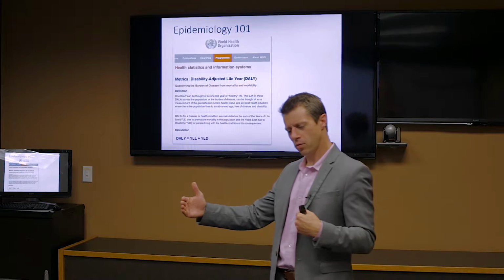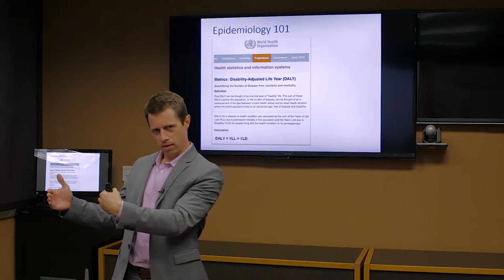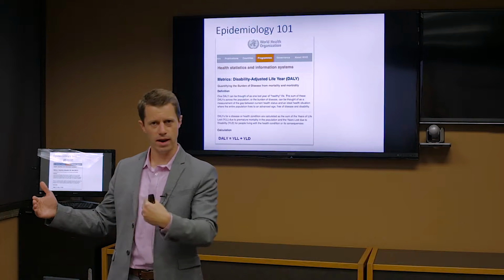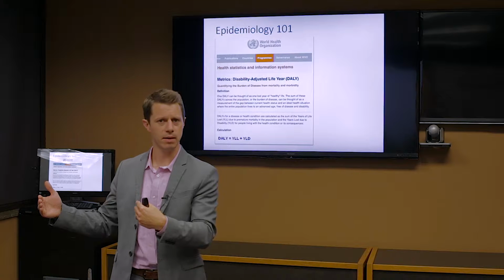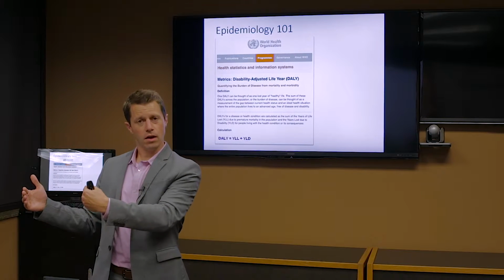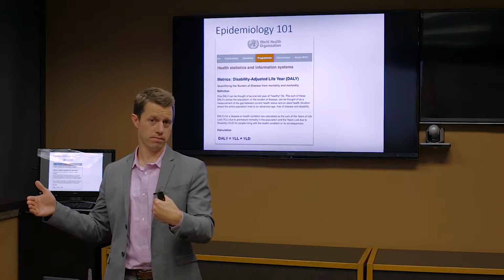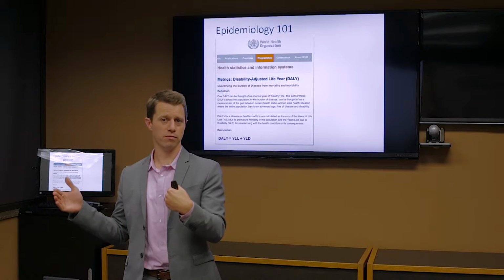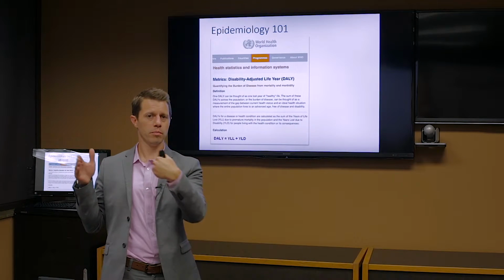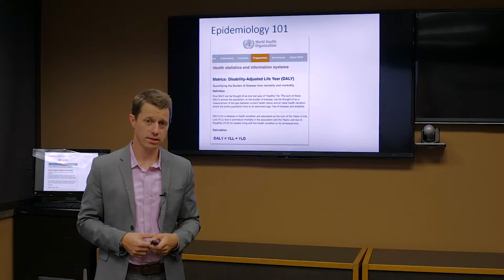But if I have a heart attack and die at the age of 65, but I've not been able to work for 10 years because my heart's not pumping oxygen to my brain and I can't focus, or I'm too weak to get up and do the work that I used to do, then I'll have 20 years of disability-adjusted life years. So 20 years of productive life lost is a combination of 10 years of mortality plus 10 years of disability. That's a DALY, or a disability-adjusted life year.